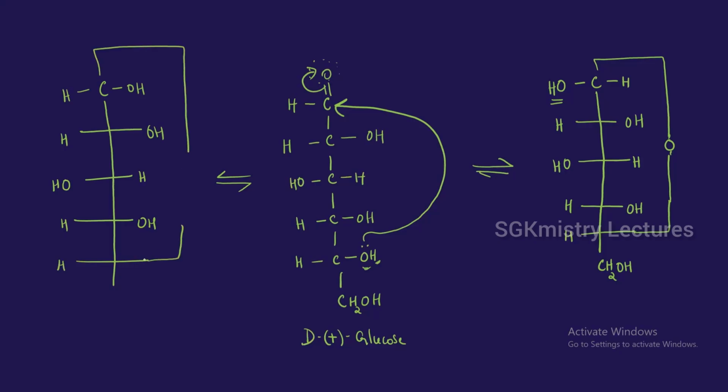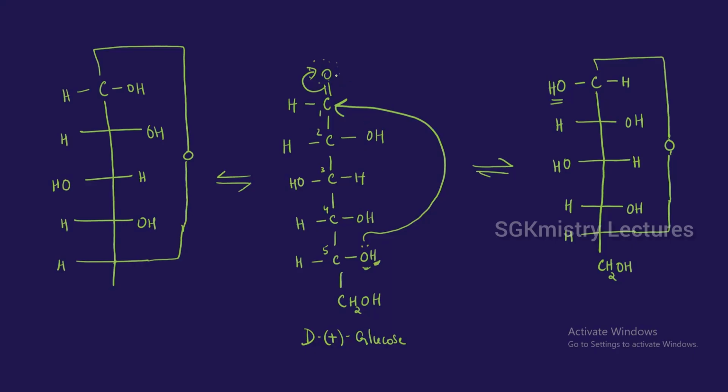If I number 1, 2, 3, 4, 5, the OH of carbon number 5 was used to form the ring, because it was used to attack the carbonyl carbon, so the oxygen will be here.